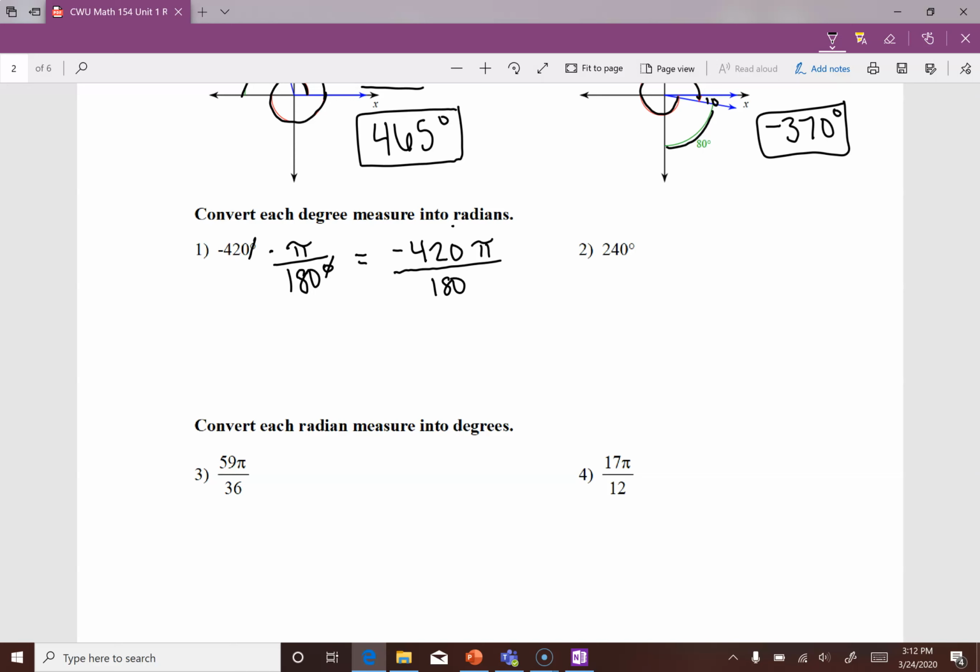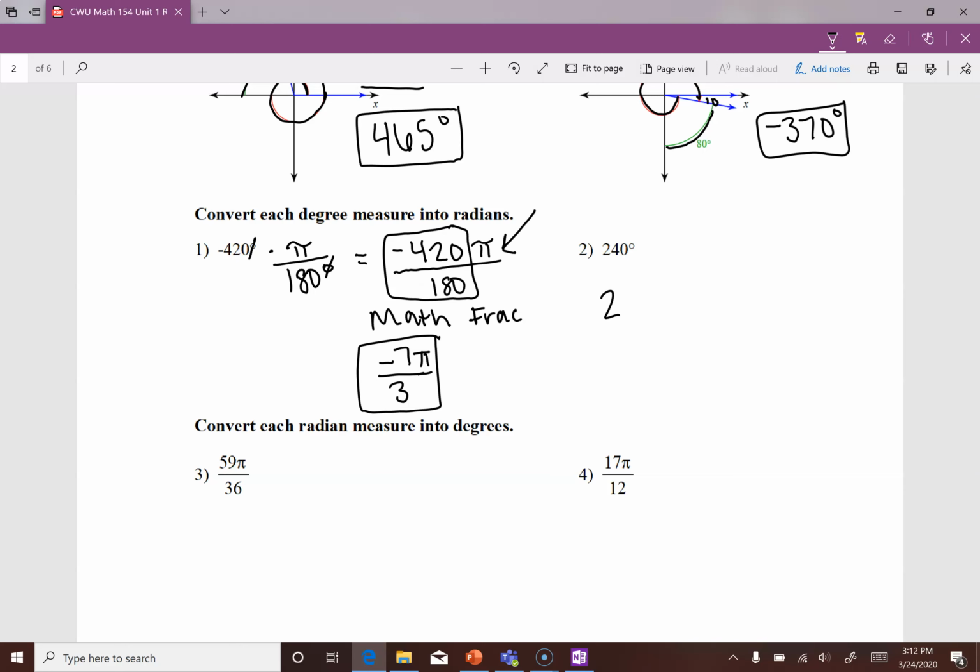Well, I go ahead and put this into my graphing calculator, and then I press math, and then I press frac, and that turns it into a fraction. So if I do negative 420 divided by 180, press math frac, I'm left with negative 7 over 3. And of course, I can't forget my pi. My answer is negative 7 pi over 3.